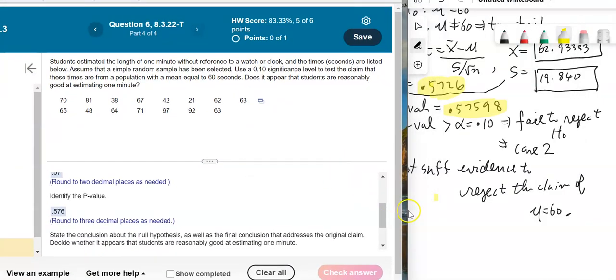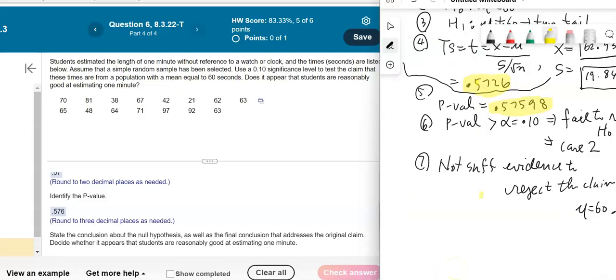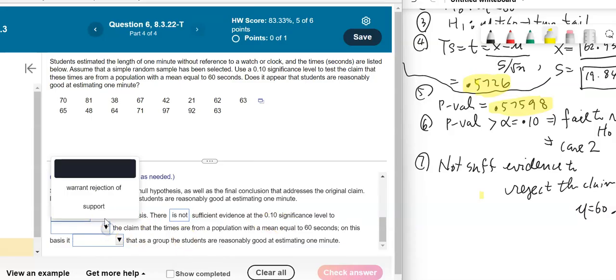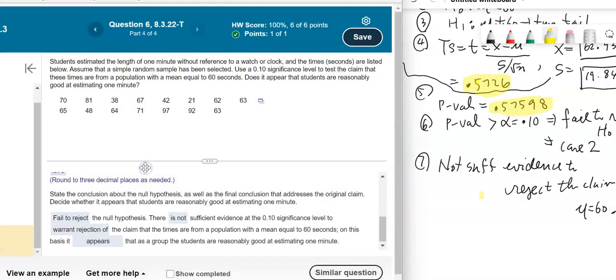There is not sufficient evidence to reject the claim. Okay. On this basis, that group of students are reasonably good at estimating 1 minute, right? It does appear. Okay. Yes.